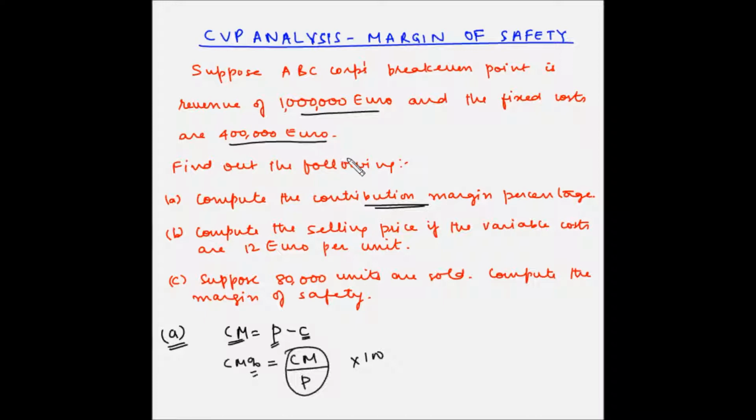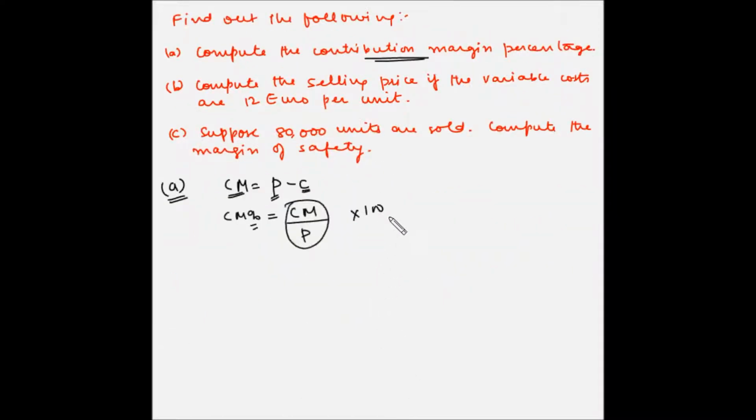So this reminds me of the formula for the break-even point in terms of revenue. So break-even point in terms of revenue is the fixed cost divided by the contribution margin percentage.